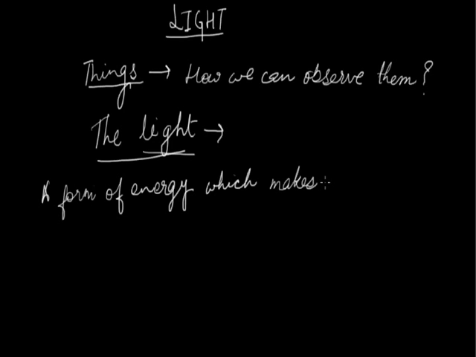So, light is very important. It makes the things around us visible. Whenever a light ray reflected from an object or produced by an object reaches our eye, then we can see the object.